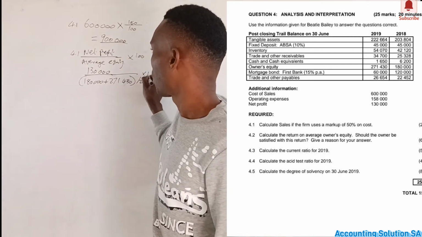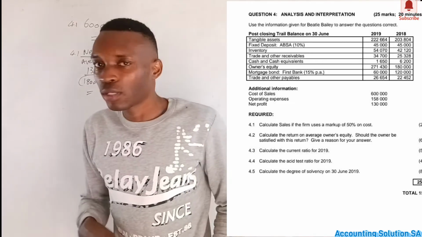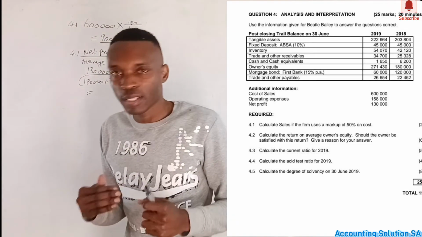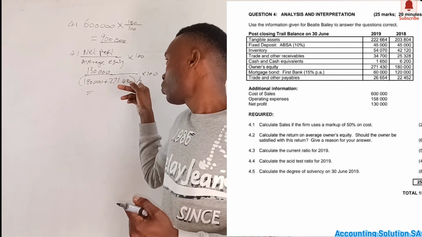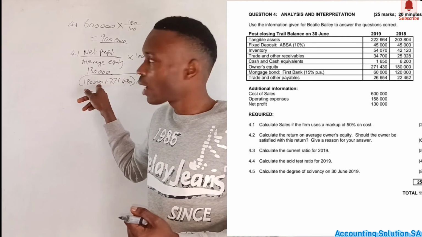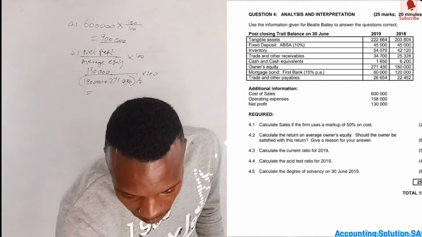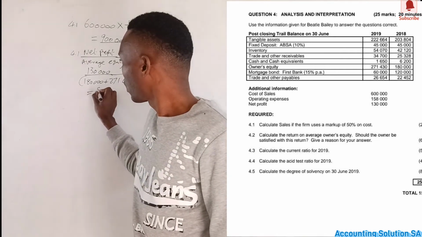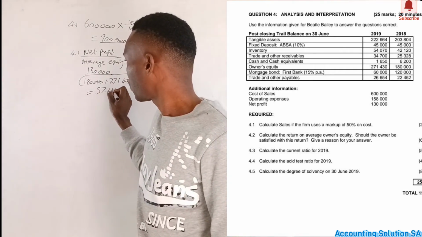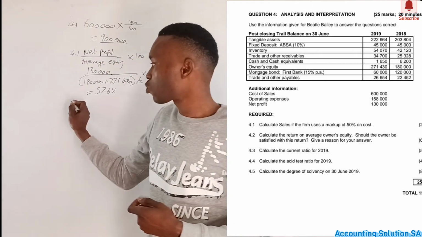Then after that you multiply by 100. Remember guys, as I'm saying again, you must first add these two and divide by 2, then you get the answer, then you divide. Then it will give you the percentage of 57.6%. Simple as that.